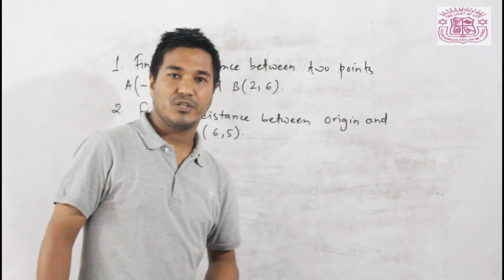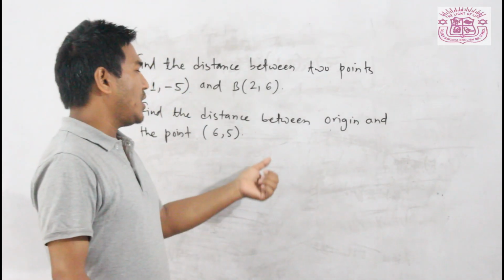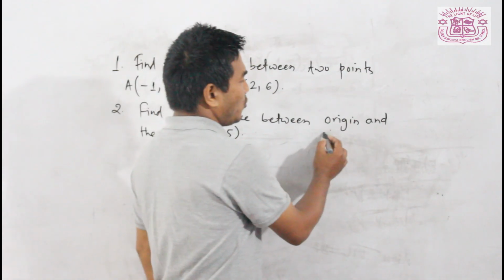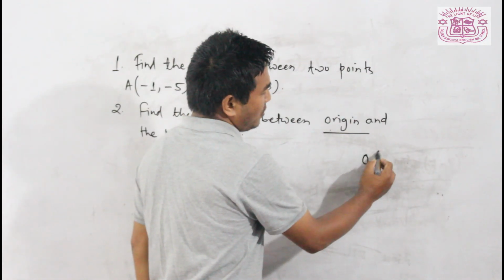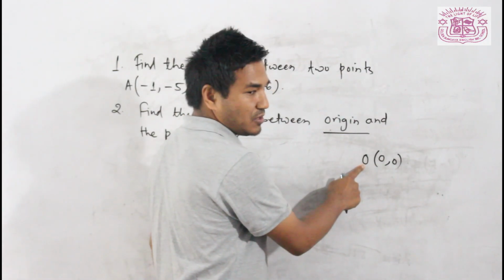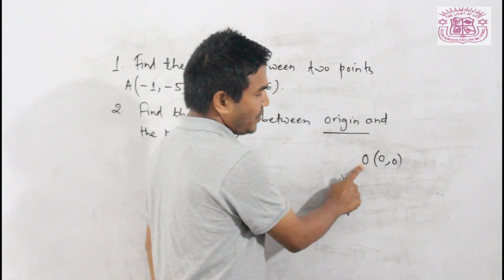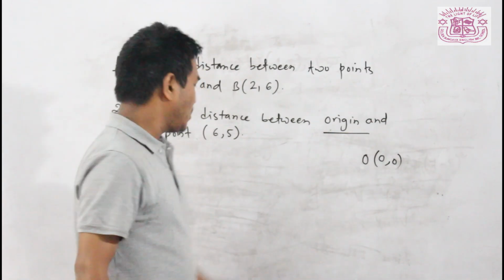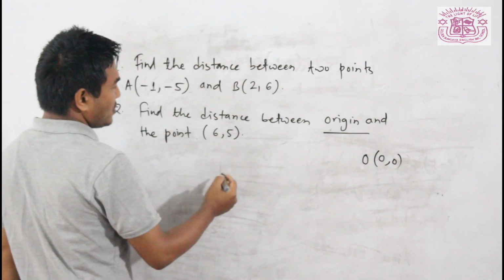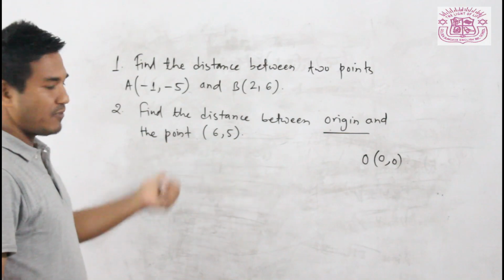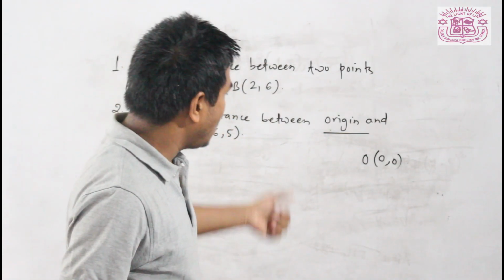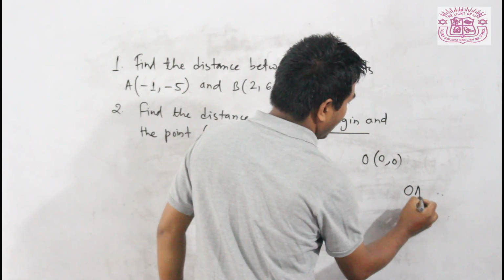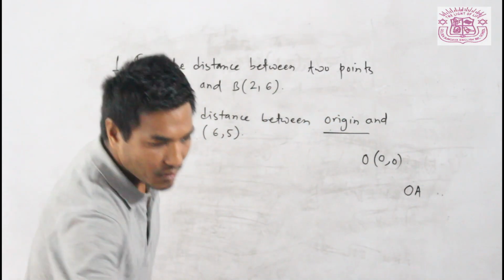The coordinate of the origin is 0, 0, and for the origin you can write O 0, 0. This is not a zero, this is O. For this point you can suppose A 6, 5, and you can find the distance between O and A. That means you can find the distance as OA.